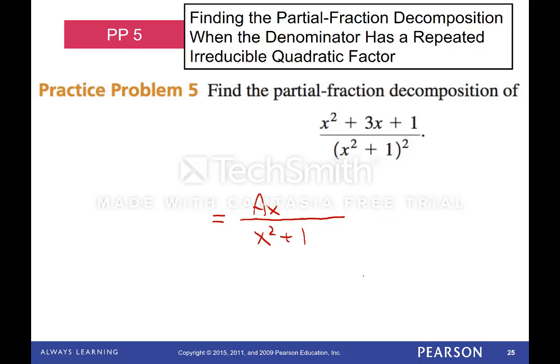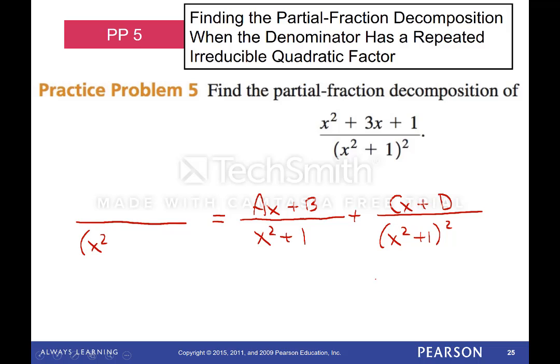Now we're going to write it as ax plus b, right? Because this is degree 2, therefore on top should be a degree 1. All right, and we're writing over here, now taking it to the second power. And now we're going to write the top as cx plus d. So again, second degree goes down to a first degree.